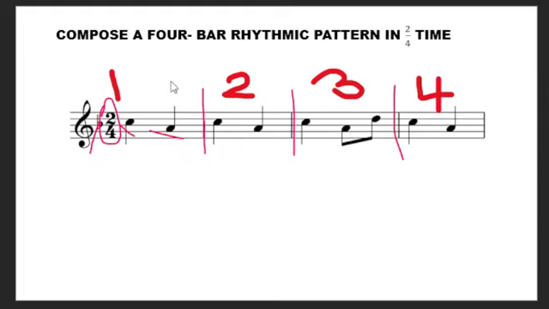This is my first bar, because I was told to use 4 bars of rhythmic pattern in 2 time. So that's why I have decided this is 1, this is 2, this is 3, and this is 4. So when you are creating your rhythmic pattern, maybe they will specify how many bars you are going to use, so you'll be able to tell.